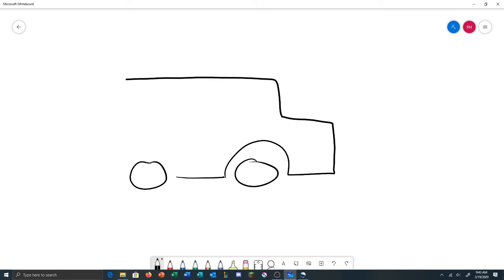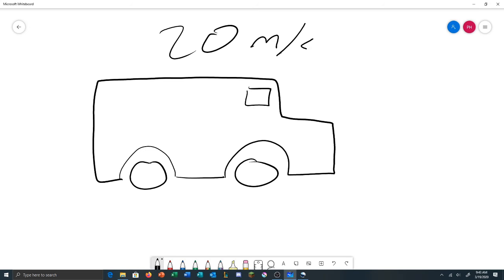Now, let's do an example of this. So if you have a car or a bus in this case, if you are going 20 meters per second in this van, and this van weighs 1,000 kilograms, just over a ton, 20 meters per second in a 1,000 kilogram van, how would you write that out?